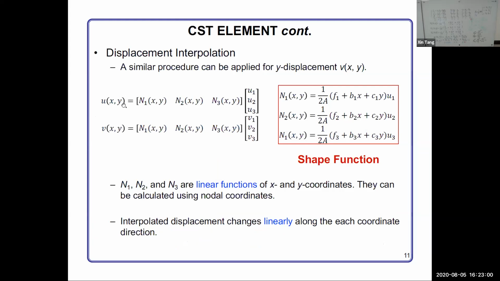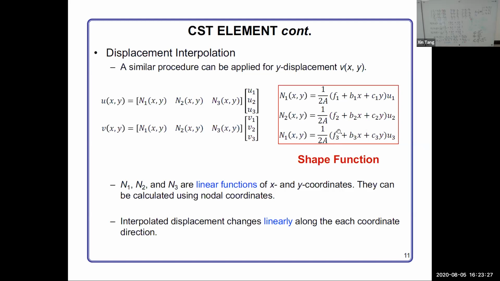That means within the triangle, the strain is constant. If the strain is constant, stress equals the C matrix, the stiffness matrix of material properties, times the strain, which is also constant. I talked about it briefly last time, and we will talk more in the next few slides.